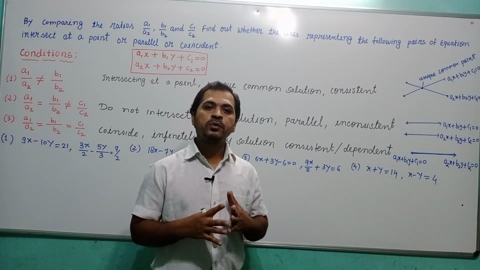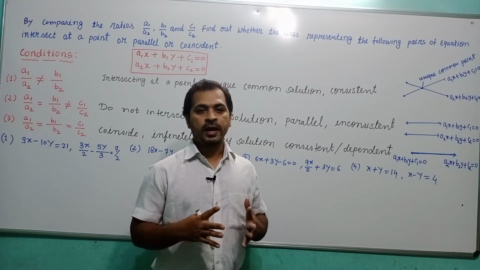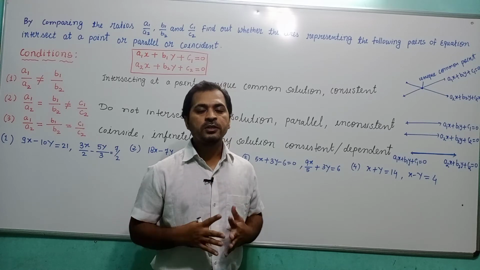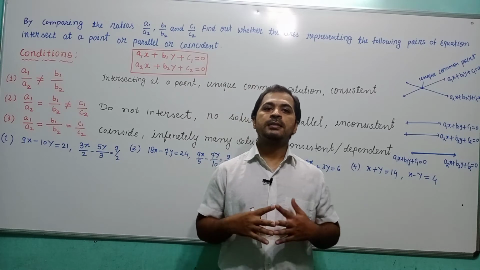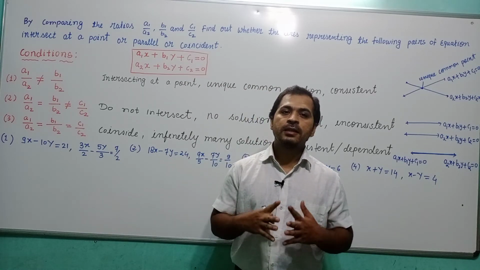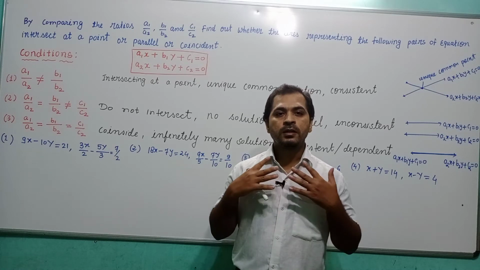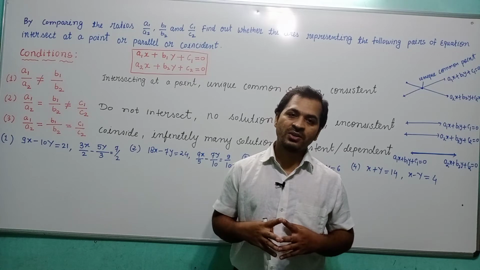Then you have to compare the ratios of the coefficients of x, the coefficients of y, and the constant term. On the basis of these, we have the conditions that tell us whether the given pair of linear equations is consistent or not.